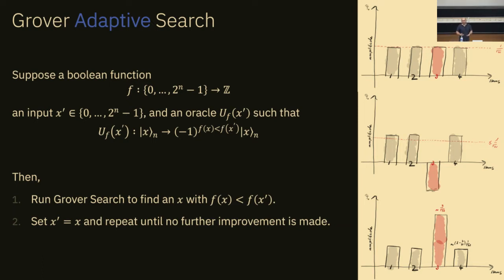For example, at the beginning, we just picked that randomly. And then what you do is you run Grover search to find an x such that f of x is less than f of x prime. And then you just replace x prime with x. So it's the new best solution you found, and you repeat Grover search to find a better solution. And you just repeat that until you can't find anything.